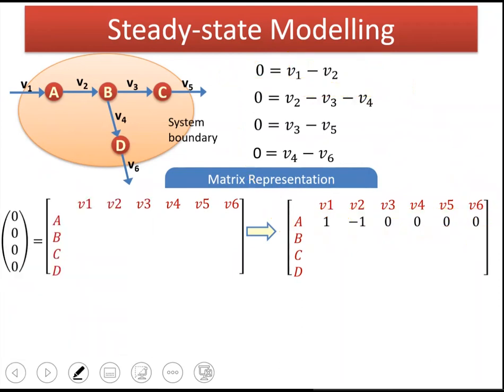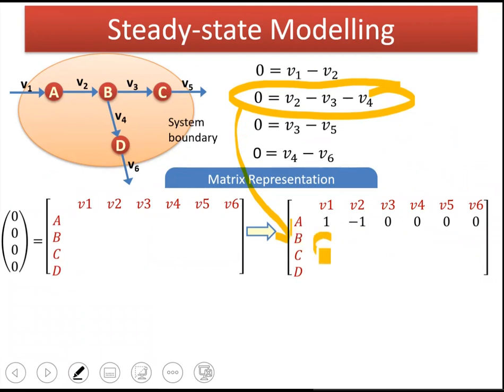The next step is to write equation 2 as the second row of our matrix. Do we have any V1 in second equation? No. So we should write 0 for column V1. We have a V2 in second equation, and its coefficient is +1. So we should write 1 as the second element in the second row of our matrix.